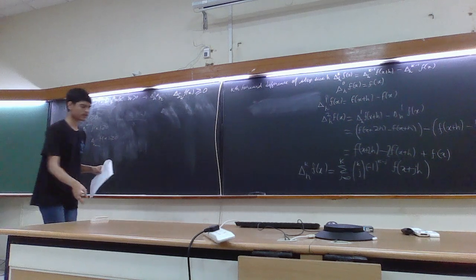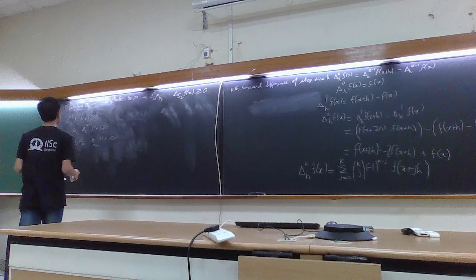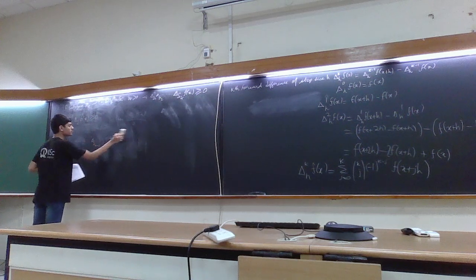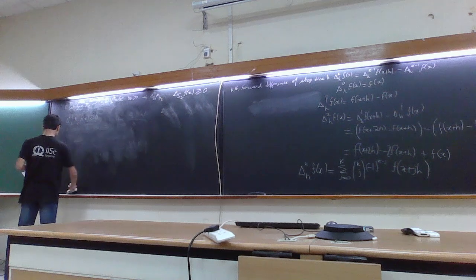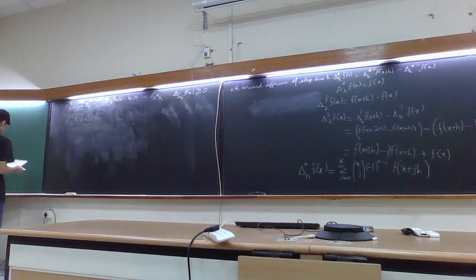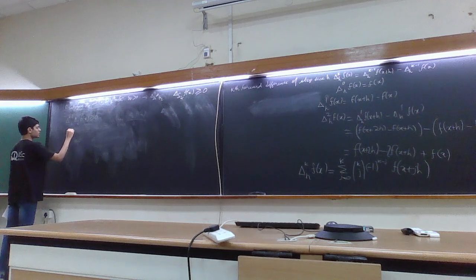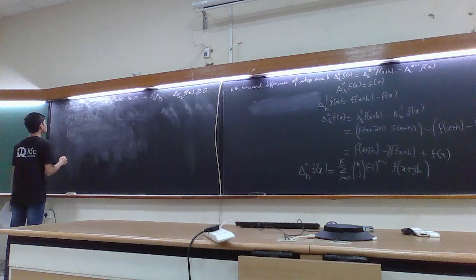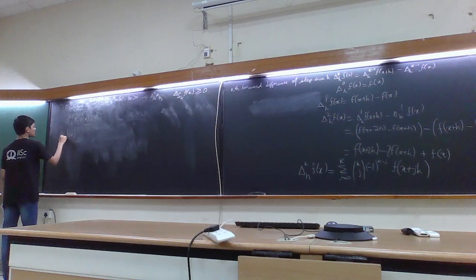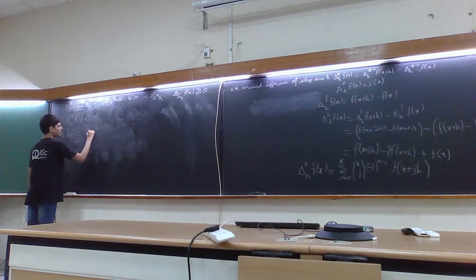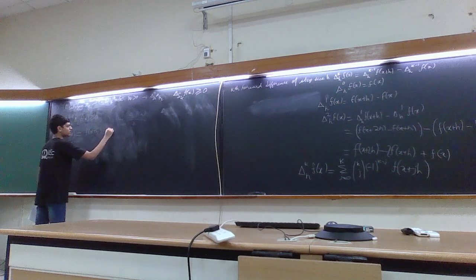What we do is we take this function f of x and take the first order forward difference, and that will be f of x plus h minus f of x.